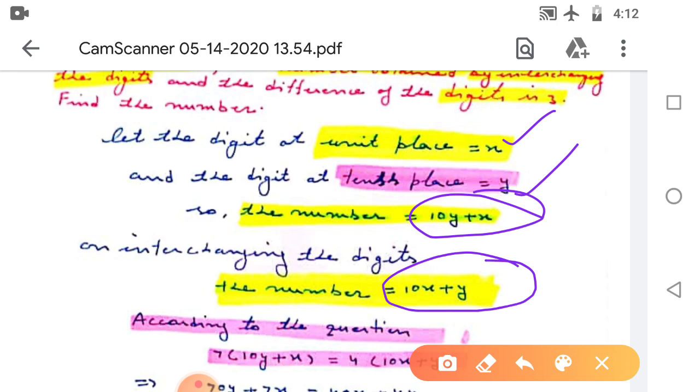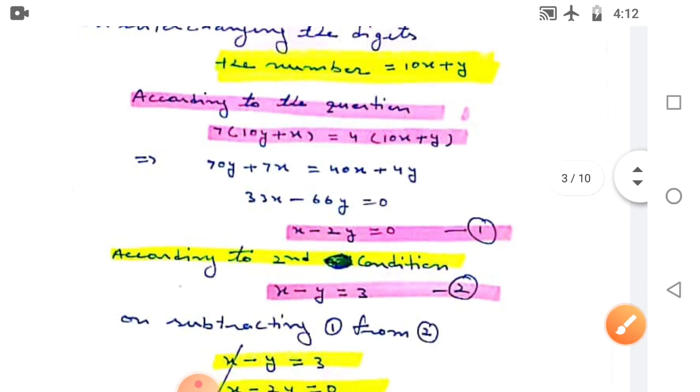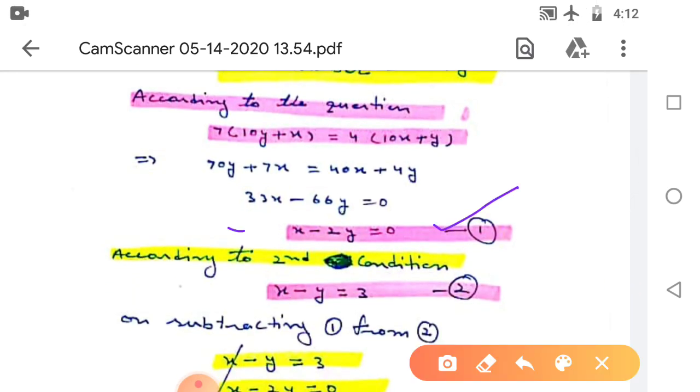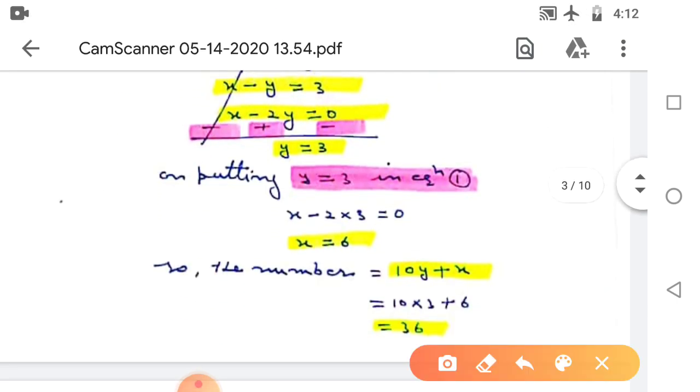The first condition: 7 times the original number is equal to 4 times the number after interchanging the digits, so 4 into 10x plus y, and solving it, equation 1 is x minus 2y is equal to 0. The difference of the digits is x minus y is equal to 3. Solve these two equations: the value of x is 6, the value of y is 3, so the number in front of you is 36.